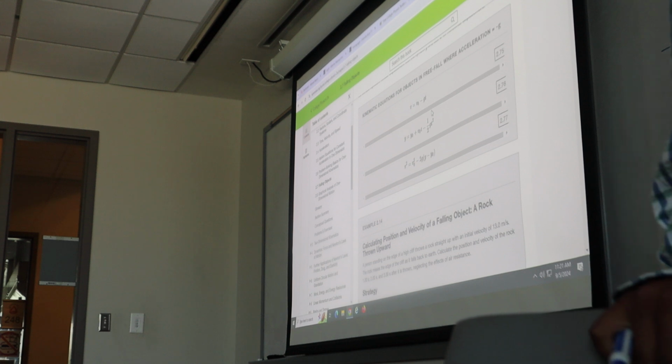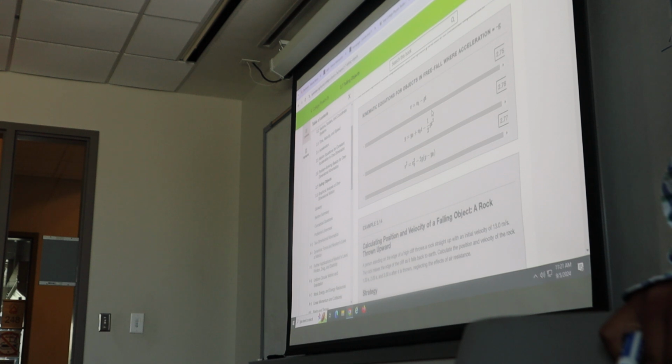Well, we're going to look at what we have already and what we're looking for. I see that there's a V final and then a V initial, so that would help out.